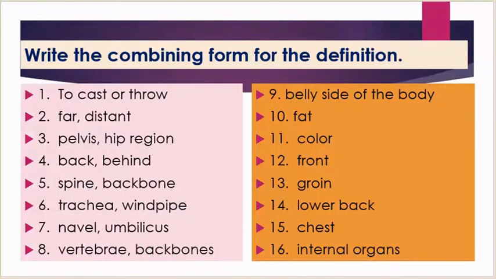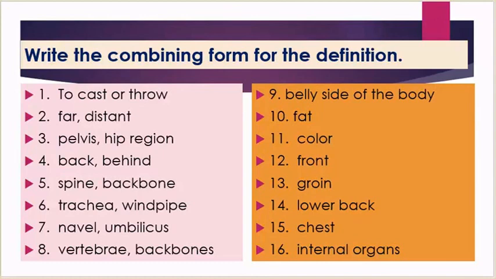Write the combining form for the definition. Number 1, to cast or throw. Number 2, far or distant. Number 3, pelvis or hip region. Number 4, back or behind. Number 5, spine or backbone.